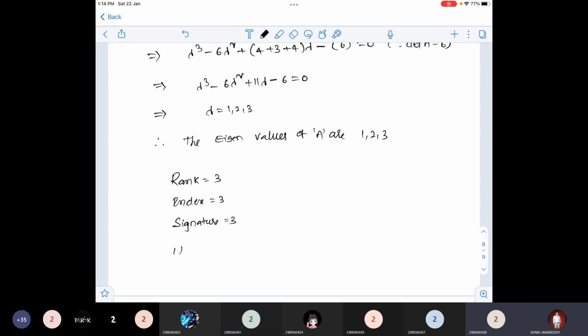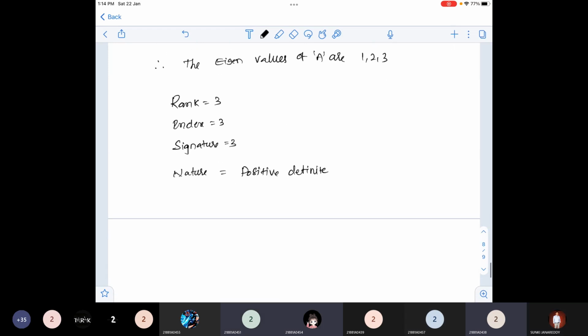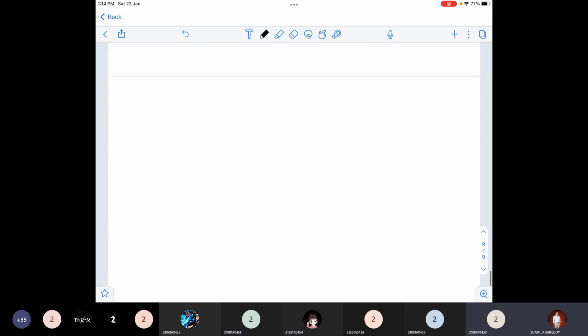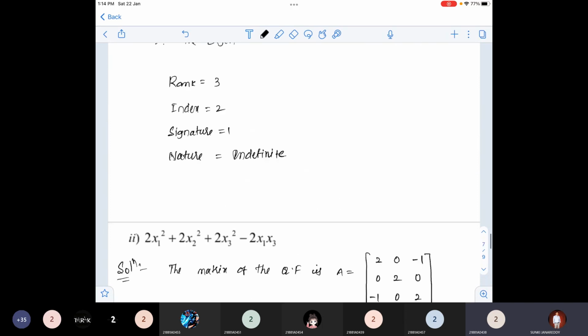What is the nature? Positive definite. Why? Because all eigenvalues are positive. Okay, very good. Now next problem. Shall we do one more problem?